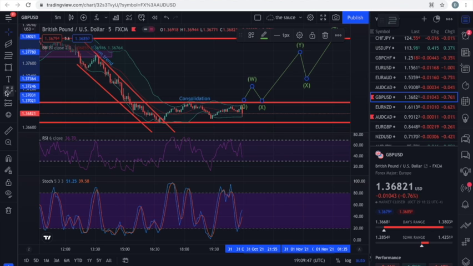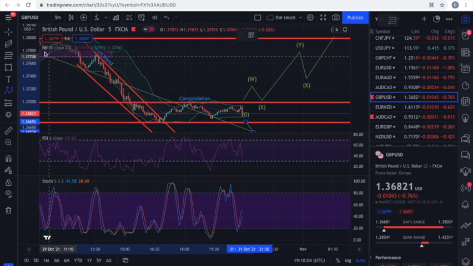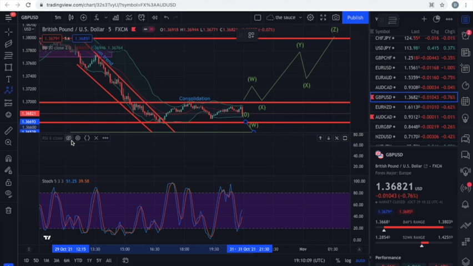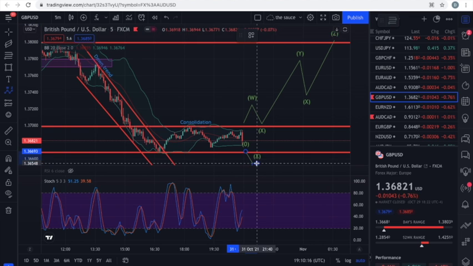Or it can do this. It can come down to here, breaks, excuse me, retest.